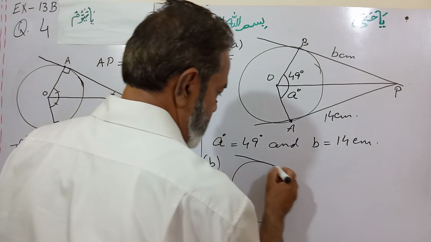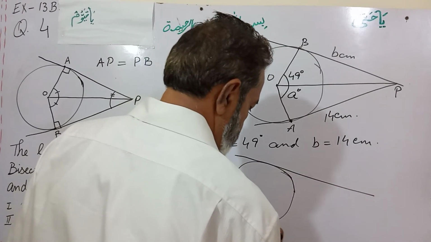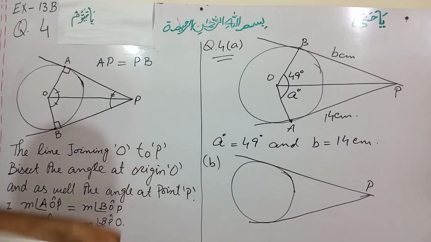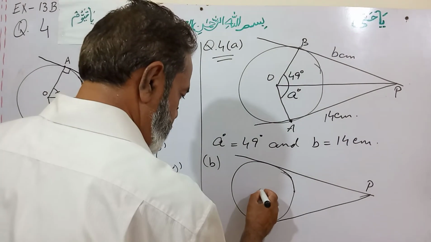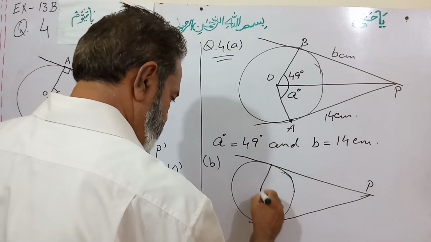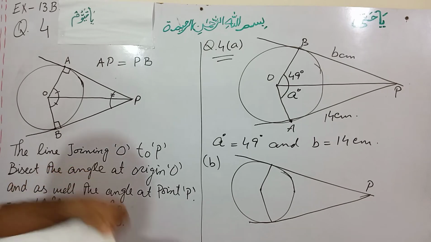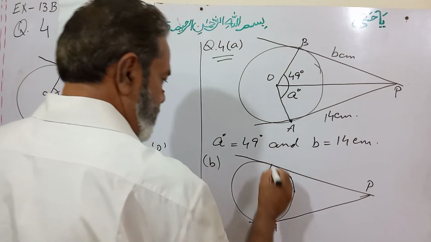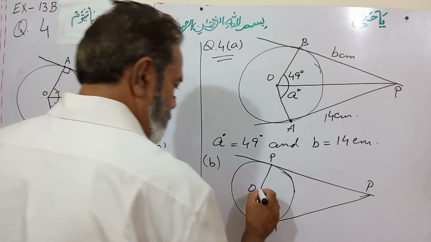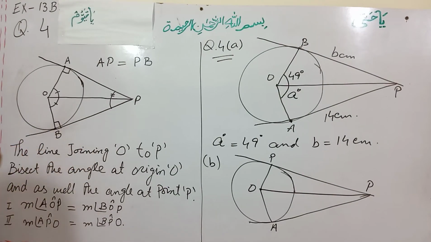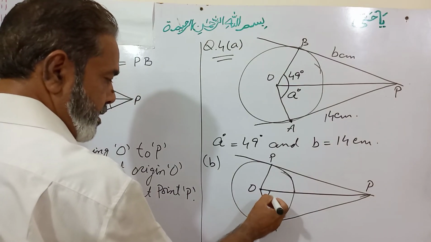Again, tangents, point P, join O to this point as well as this point, A and B. Again this is A and this is B, this is O, join O to P, and angle c degrees is required here.